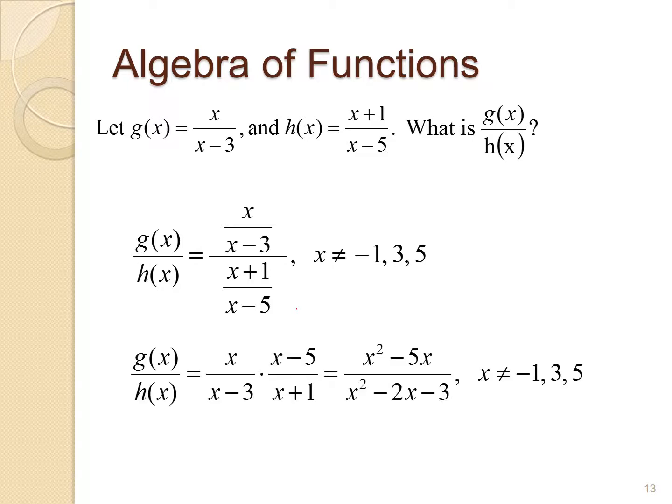Listing that is important because when we solve this problem, whenever we have a fraction divided by a fraction, of course we invert the denominator and multiply. So we're going to take the x divided by x minus 3 and multiply it by, invert this fraction, flip it over, 5 minus x over x plus 1. Now, when we multiply this out, we end up getting x squared minus 5x over x squared minus 2x minus 3.